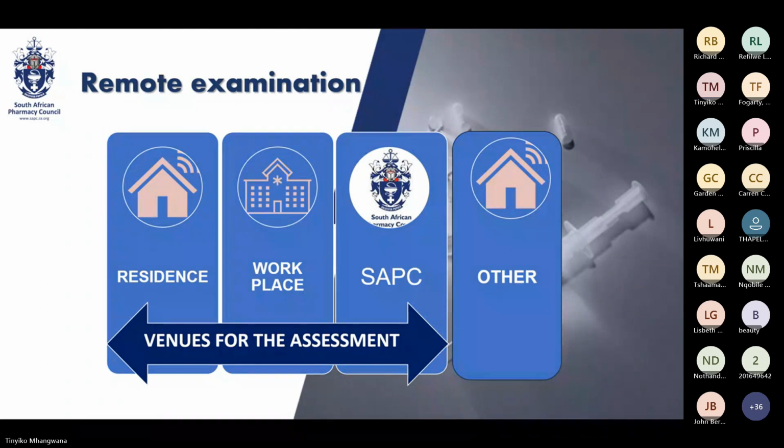Therefore, every liability in relation to that will be with you, except if the fault is from SAPC. Then it will be something that will be communicated to everyone. But in general, you need to choose wisely the venue that you choose.